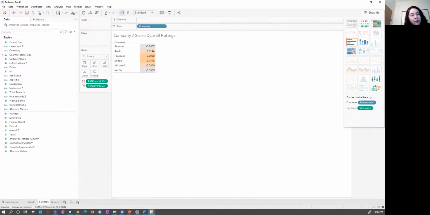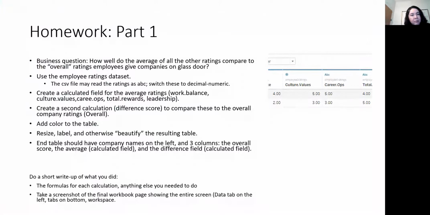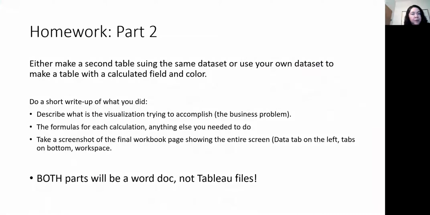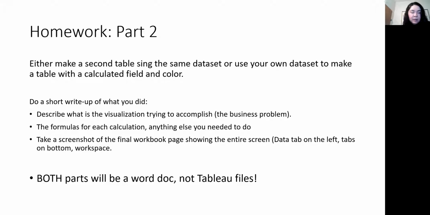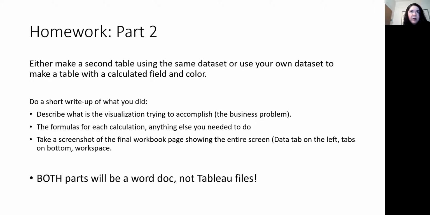The second part of your homework, I want you to either make a second table using the same data set, your choice of what you're doing with that table, or you can use your own data set.